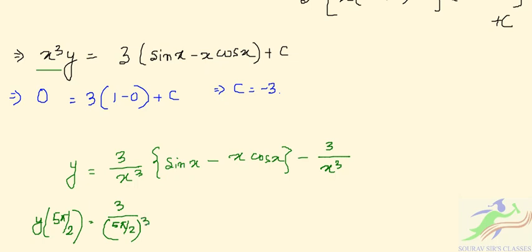Okay. So sine of 5 pi by 2 is the same as sine pi by 2, that is 1, and cos of 5 pi by 2 is 0, so x cos x will be 0, and it will be minus 3 over 5 pi by 2 cube.